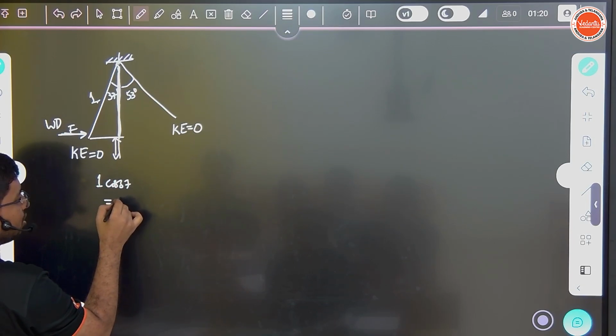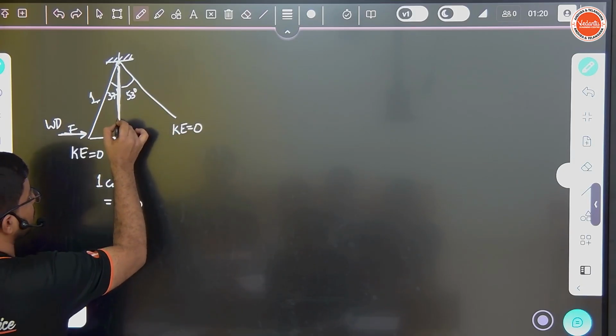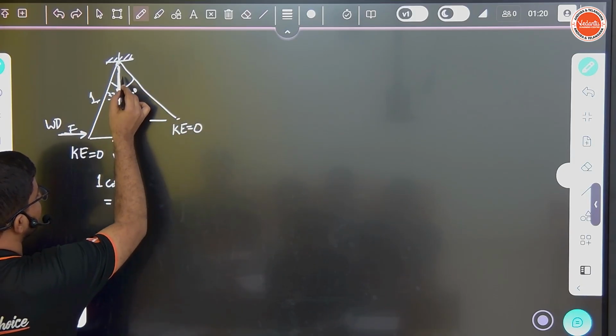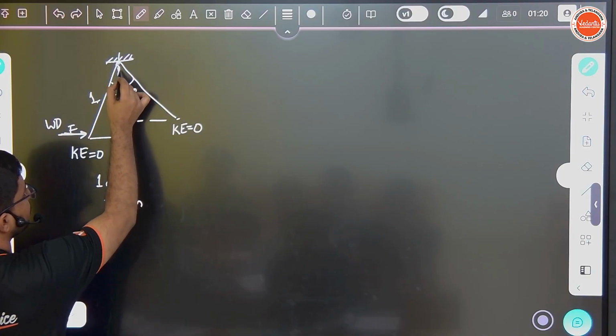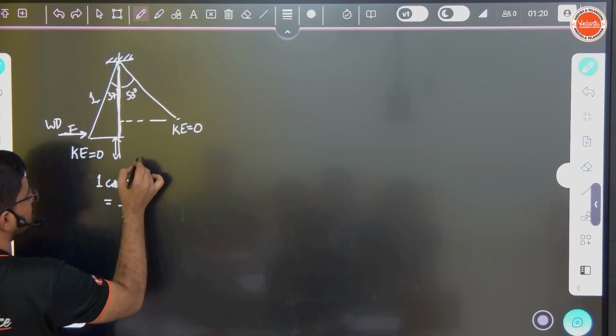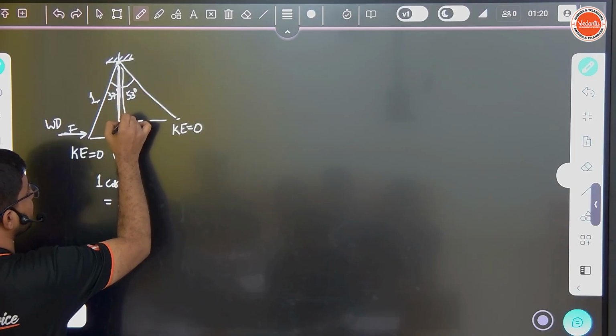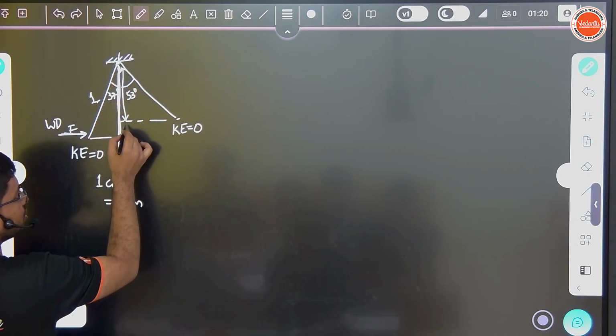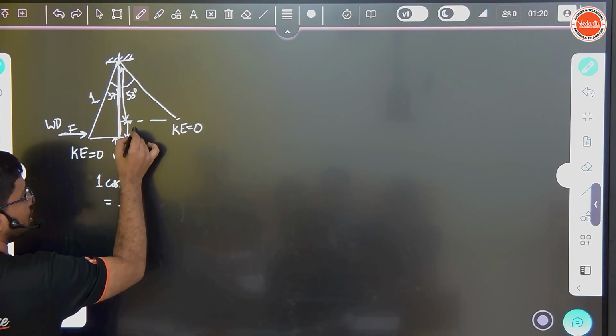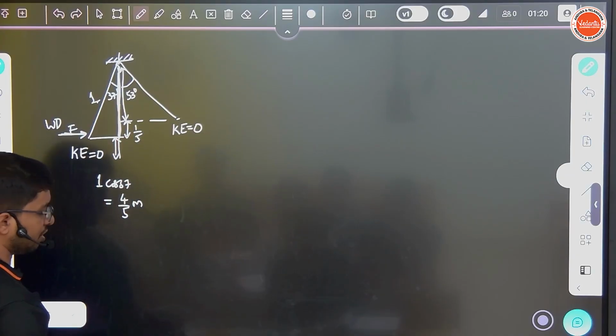Which is nothing but 4 by 5 meter. And then this is 1 cos 53, which is 3 by 5. So now what is this additional height over here? 1 by 5, correct?